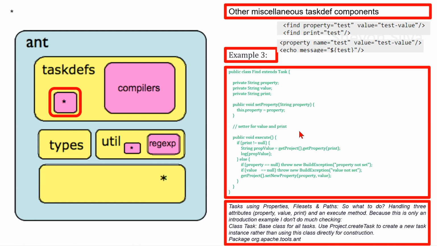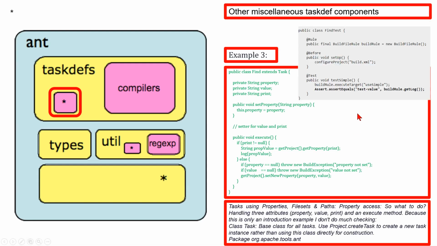After putting our two-line example from here into the target named use.simple, we can call that from our test case.